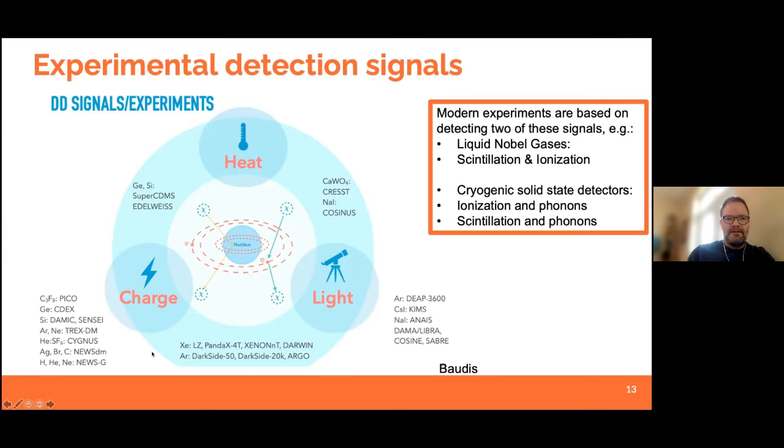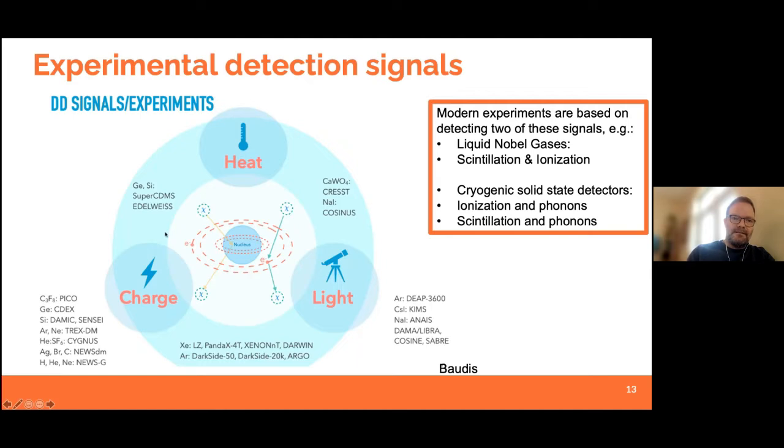For example, if we talk about the liquid xenon or liquid argon experiments, in these experiments you get both light emitted, so scintillation light, and you also get ionization, so you get a charge created.